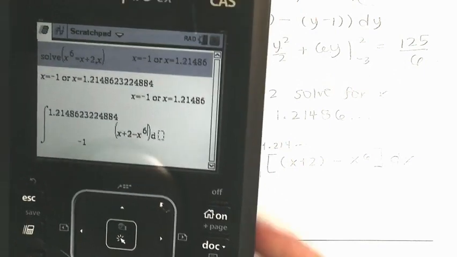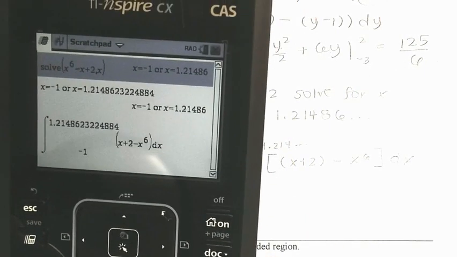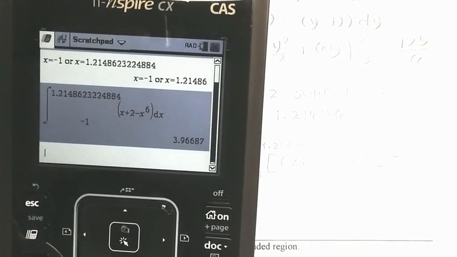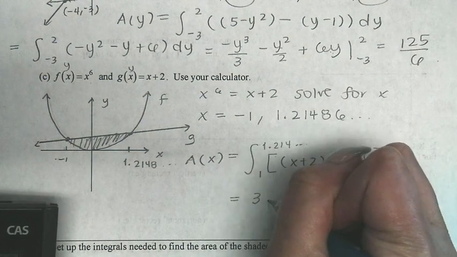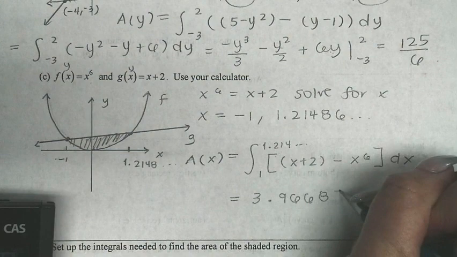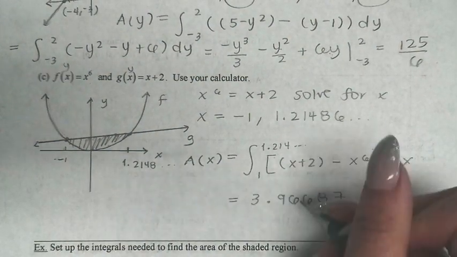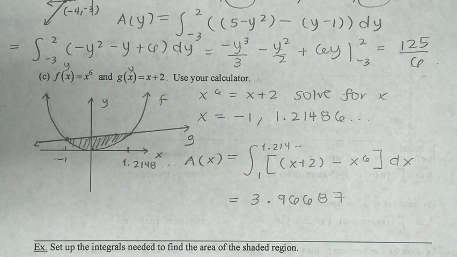And then you want it with respect to x, and that's your integral. So this is going to be equal to 3.96667, which obviously you can round to 7, and that's pretty much it for this problem.